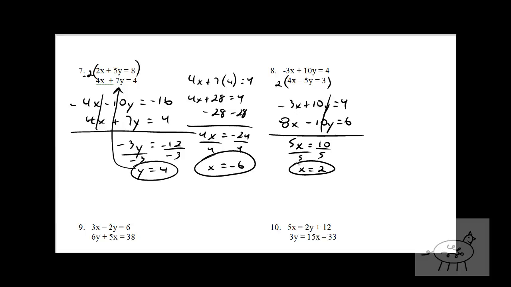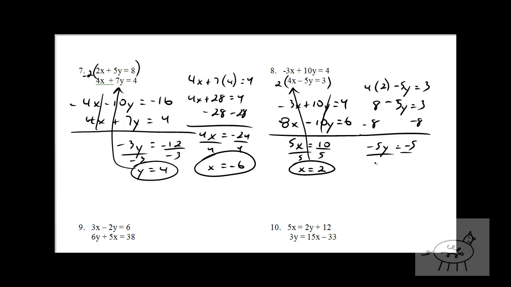Okay, it doesn't matter again, but I'll plug back into the second equation. So 4 times 2 minus 5y equals 3. So 8 minus 5y equals 3. Subtract 8. Negative 5y equals negative 5. Divide by negative 5, and y is 1. Okay, so 2 and 1.